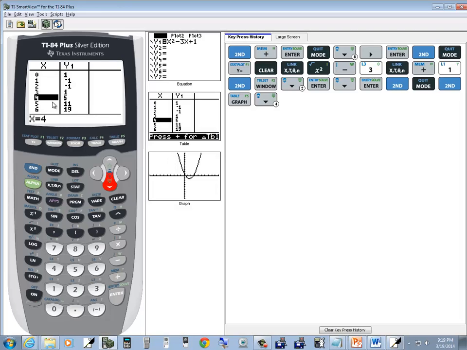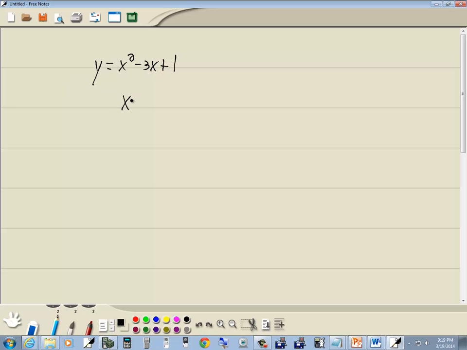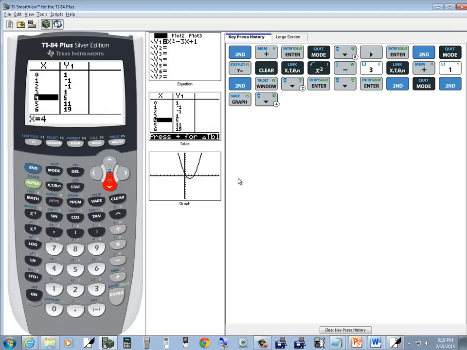And this entry says for x equals 4. If we were to do this by hand, we would take that 4, we'd plug it in for the x, so we got y is equal to 4 squared minus 3 times 4 plus 1. So y is equal to 4 squared is 16 minus 3 times 4 is 12 plus 1. 16 minus 12 is 4 plus 1 is 5. So the point we'd have is 4, 5. Well, look what my y part is, 5.